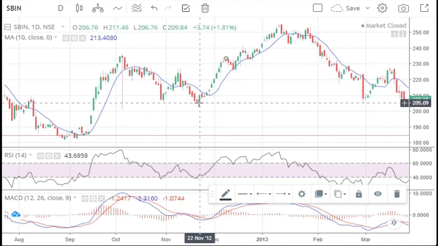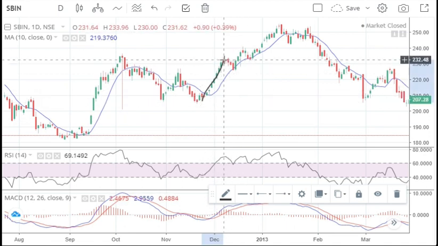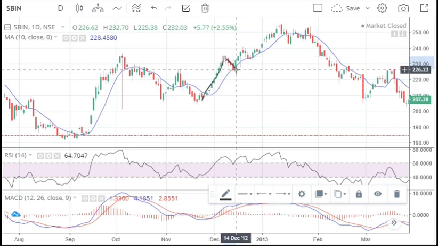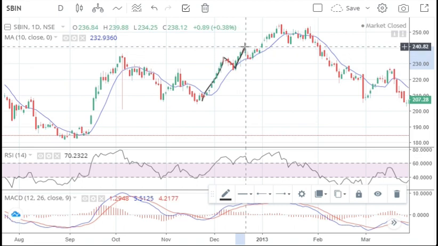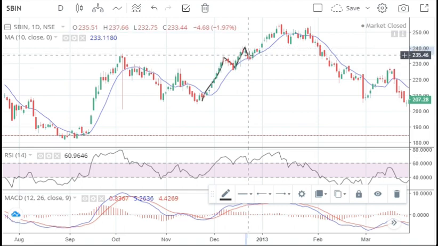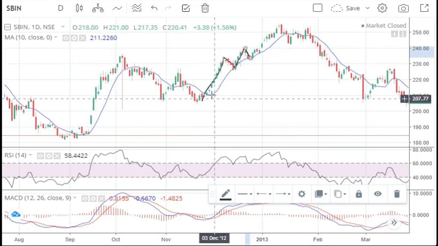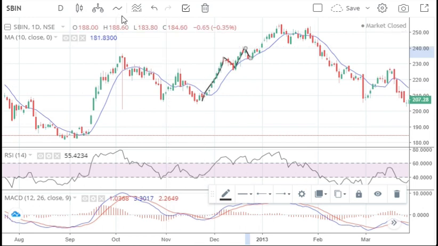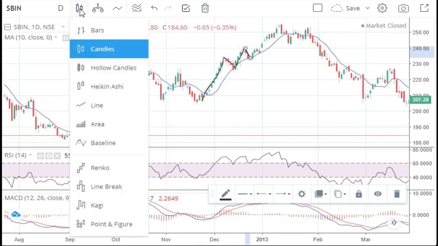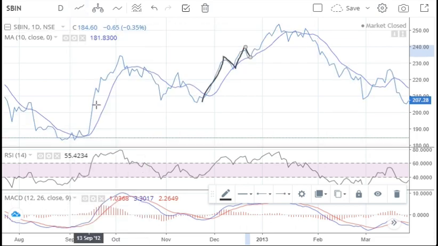For example, from here to here is one swing, and from the resistance to the lowest point is another swing, and from the support to the next resistance is another swing, and again back to the support is another swing. If we keep a line chart, we should be able to see this a little bit more clearly.